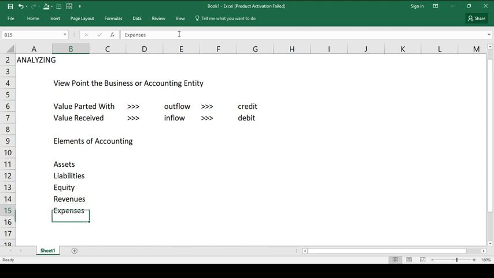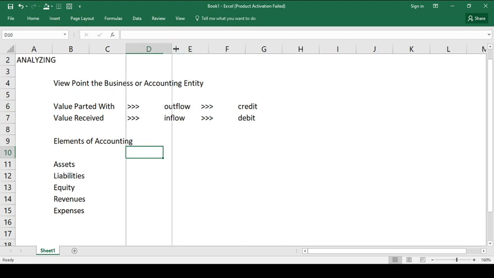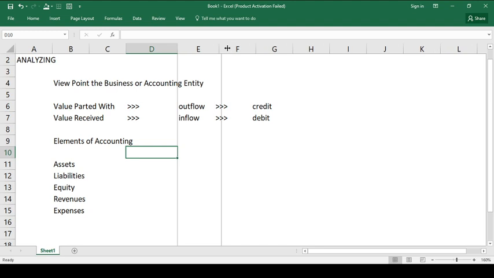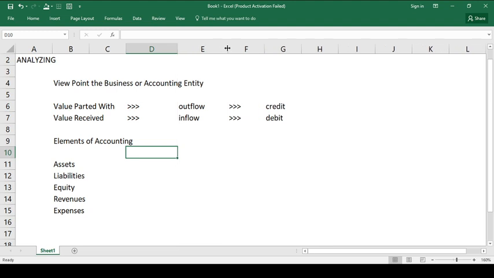This is general. Ito minsan mine-memorize ng mga estudyante, even without thinking the effect of the particular transaction. Yung kailangan nilang is pag increase, that is debit, pag decrease, that is credit.